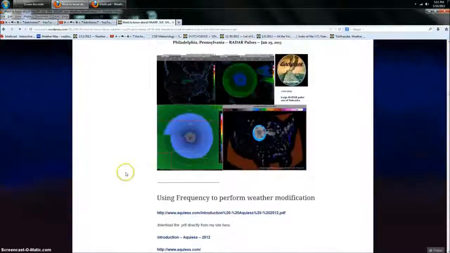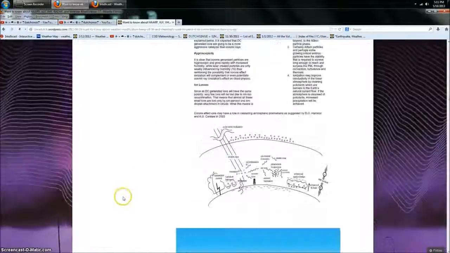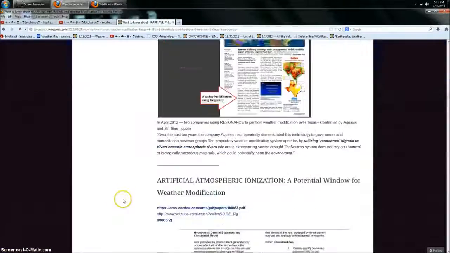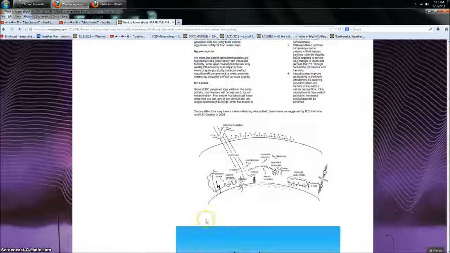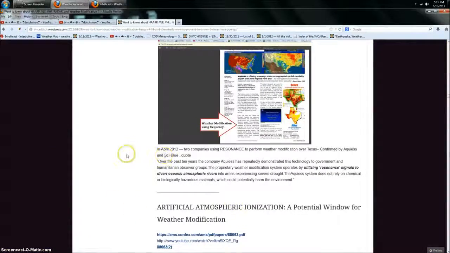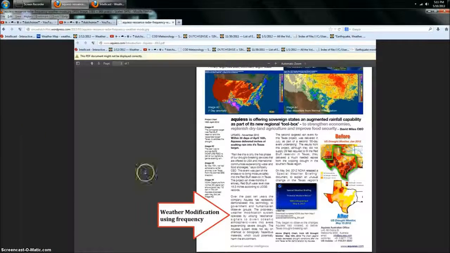Now, I've documented this. We're on my HAARP post here. I've documented this over and over again, all the proof that you need to prove scientifically that this can be done, including corona effect discharge producing ions, including cloud condensation nuclei via frequency. Here's a company out of Texas, Acquiesce, who, over the past 10 years, has recently demonstrated this technology to government and humanitarian observer groups.